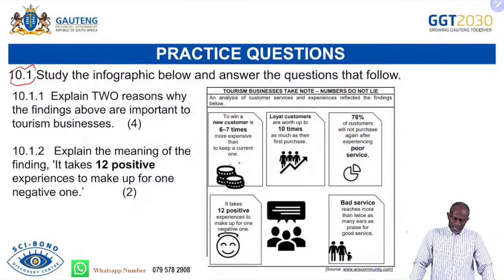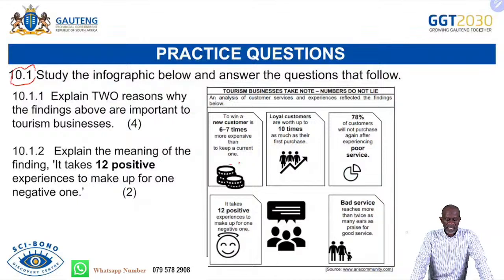So it is cheaper to keep the existing customer than to find ways to get new ones. Advertising costs are high. We'll further reflect on this as we look into possible answers in the next slides.